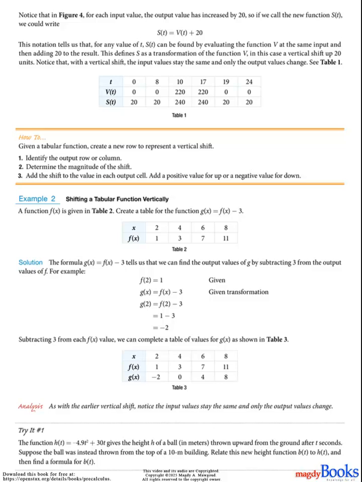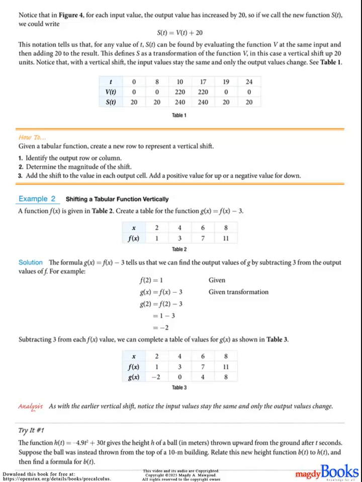For t = 10, V(t) is 220, and S(t) is 240. For t = 17, V(t) is 220, and S(t) is 240. For t = 19, V(t) is 0, and S(t) is 20. For t = 24, V(t) is 0, and S(t) is 20.